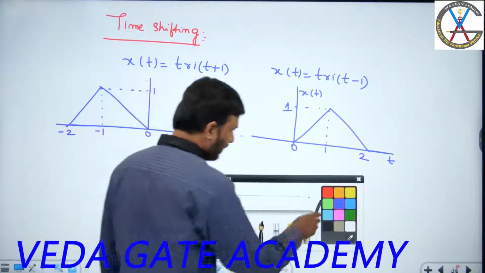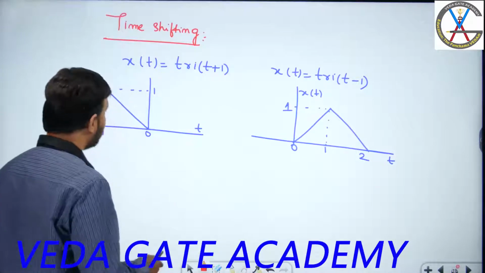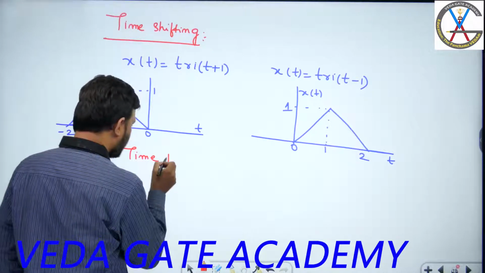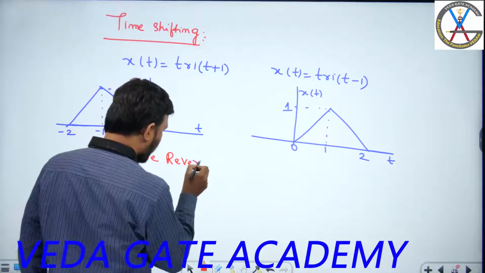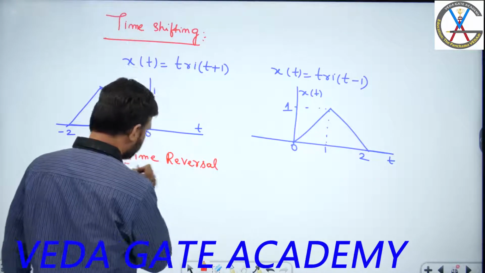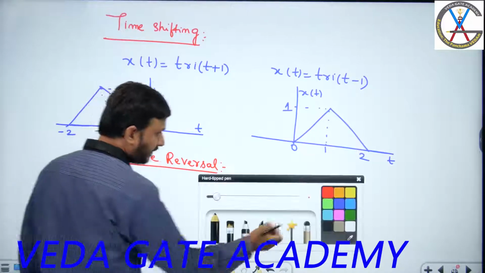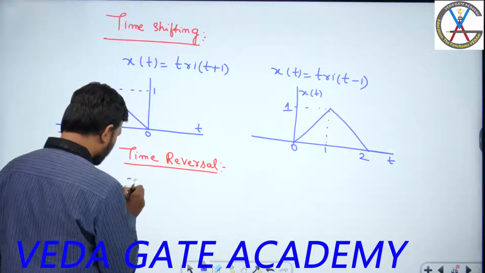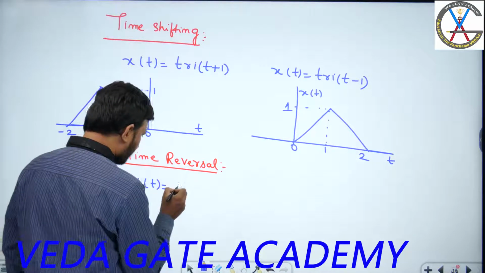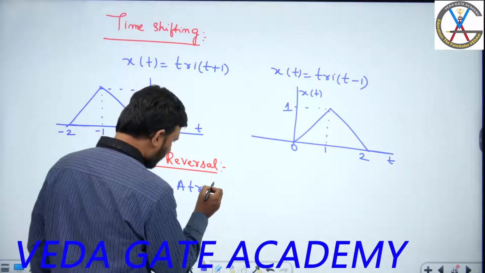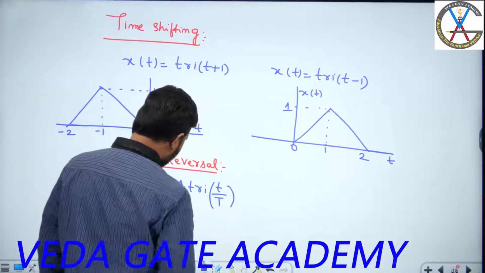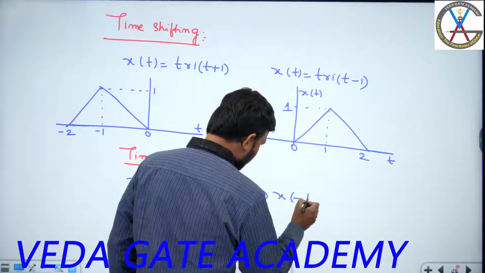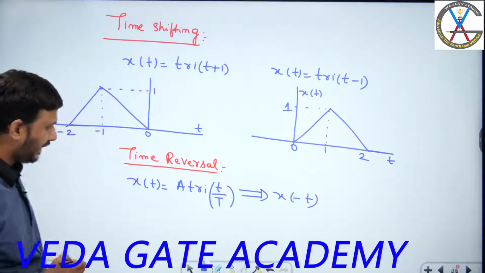After this, time reversal. While discussing time reversal, suppose I have x of t equal to A tri of t by capital T. From this, you try to get the reversal of x of t, that is nothing but x of minus t.